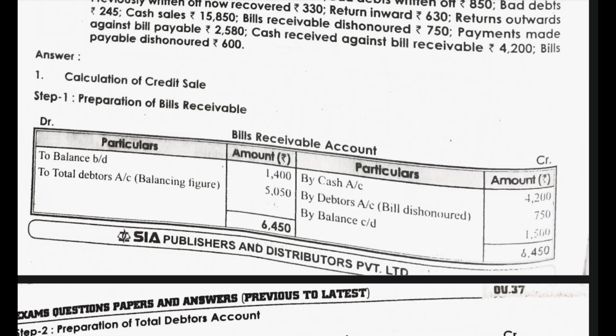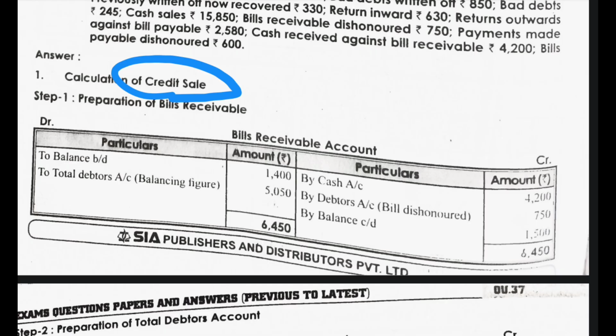For the calculation, two things we have to find out: credit sale and credit purchase. For finding the credit sale, step 1 is preparing the bills receivable account. If you go stepwise, you can solve the answer easily. Bills receivable means we have already sold the goods on credit and we have to receive the amount.